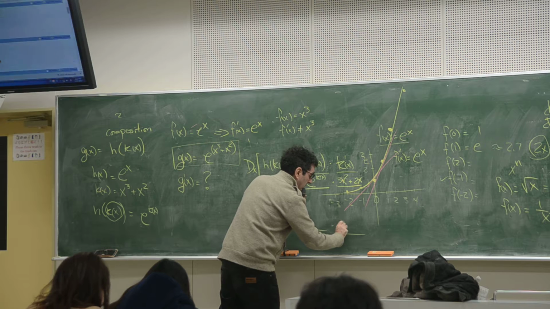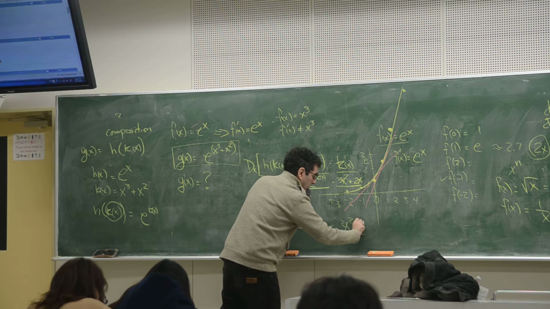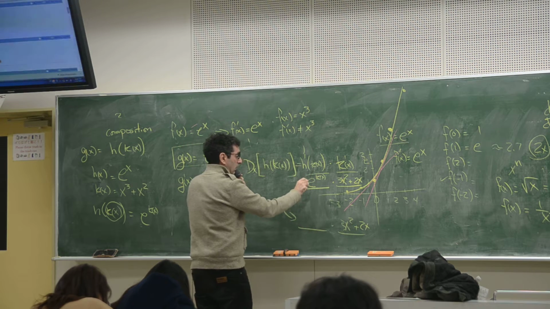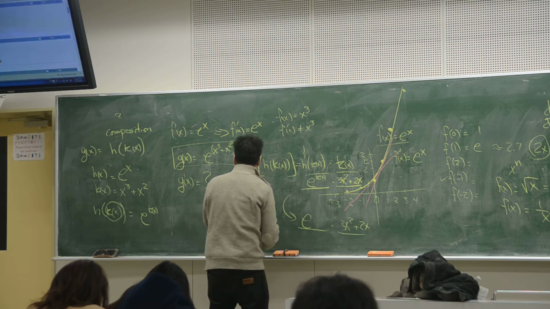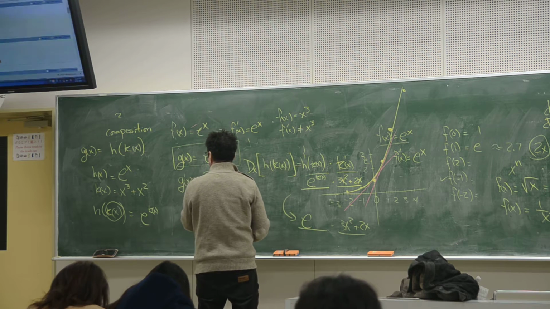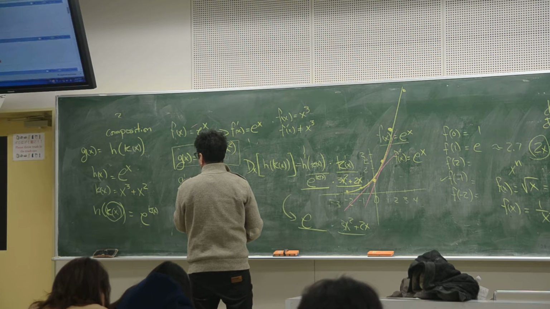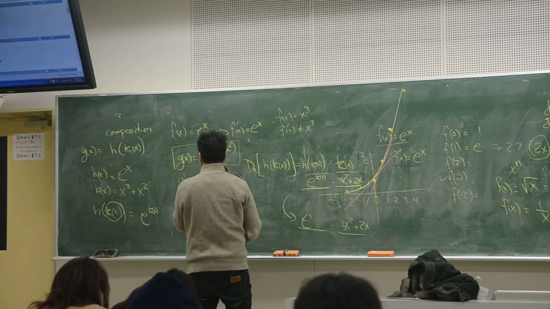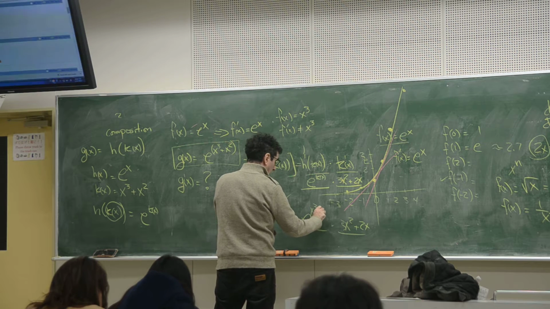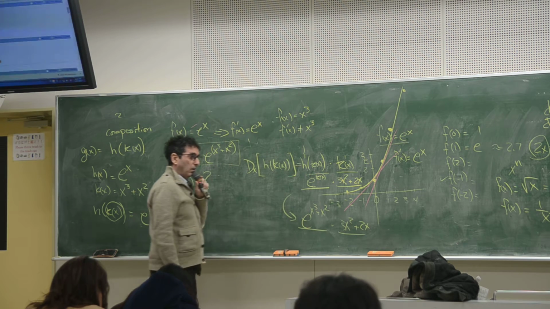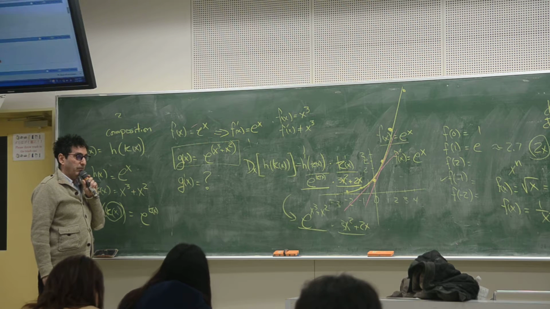This part is 3x squared plus 2x. And this part is e to the k, which means e to the what? So that's pretty weird, but it's true. Is that right? Yes, it's right. Okay, so that's the answer.